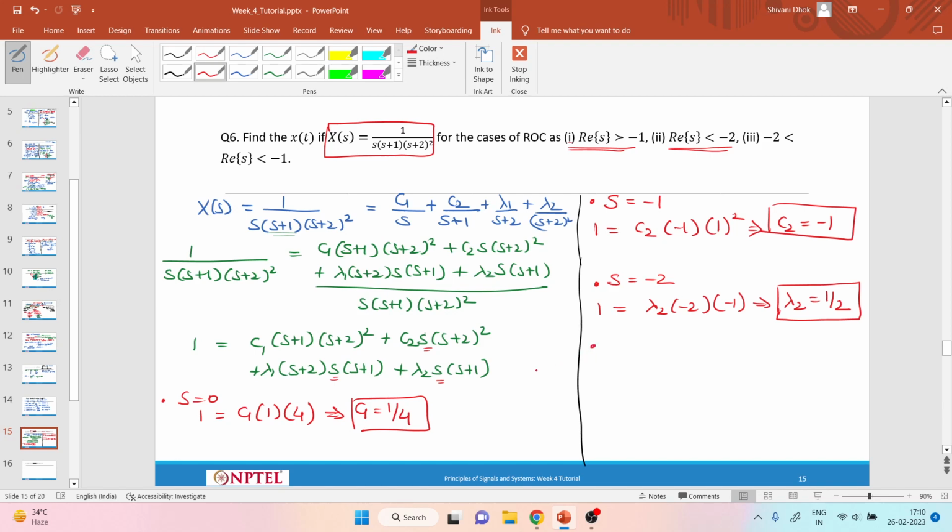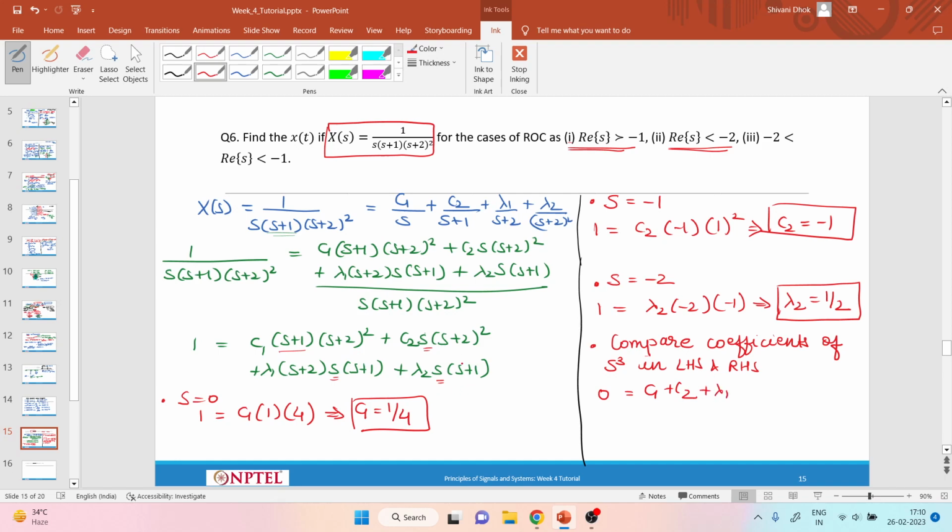Now in order to find the value of lambda 1, I'll compare the coefficients of s cube in LHS and RHS. If I do that, in LHS the coefficient is 0, then this will be equal to c1 from the first term plus c2 from the second term plus lambda 1 from the third term.